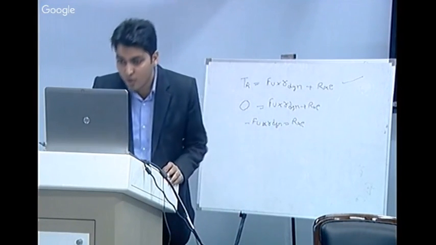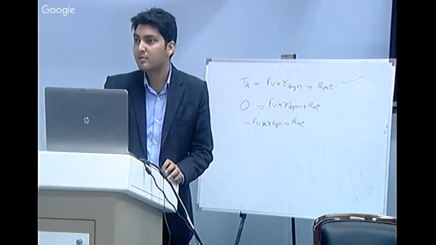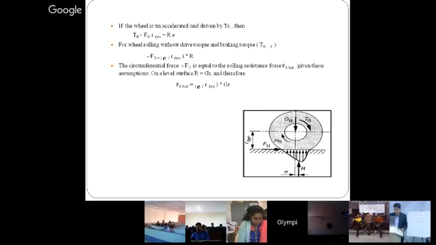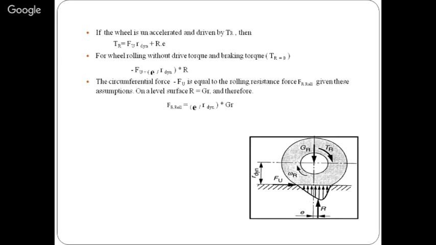Generally, what are we going to calculate? We are calculating the wheel resistance. Then the circumferential force Fu is equal to the rolling resistance force F roll. Given these assumptions, on a level surface, R is equal to GR. What this sentence indicates is that the vehicle is on a level road.